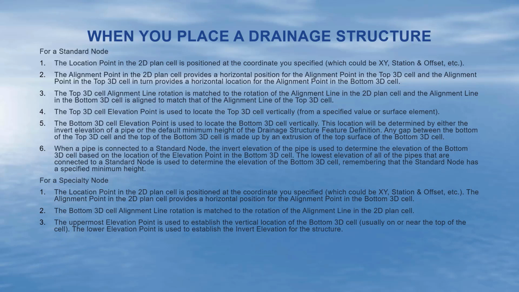When this happens, the alignment point in the 2D plan view cell provides a horizontal position for the alignment point of the top 3D cell, and the alignment point in the top 3D cell in turn provides a horizontal location for the alignment point in the bottom 3D cell. So inside the program, it basically puts all three of those points coincident on top of one another.